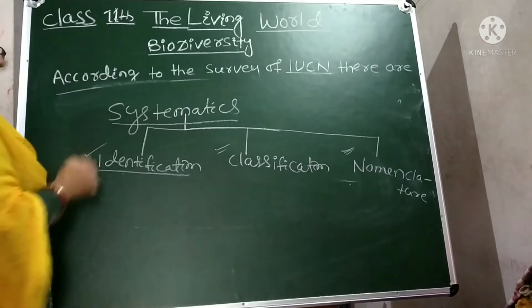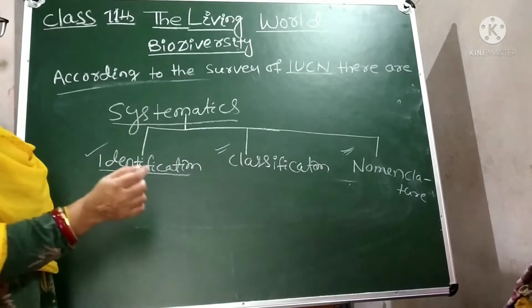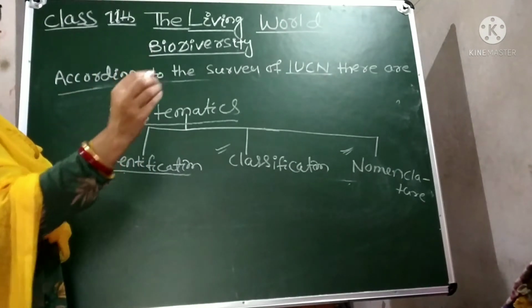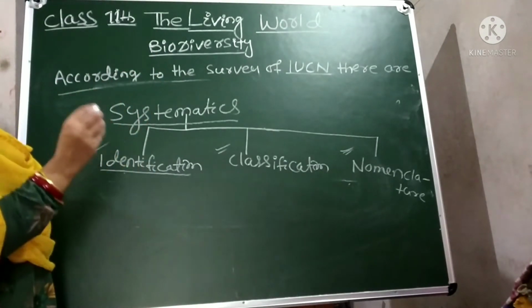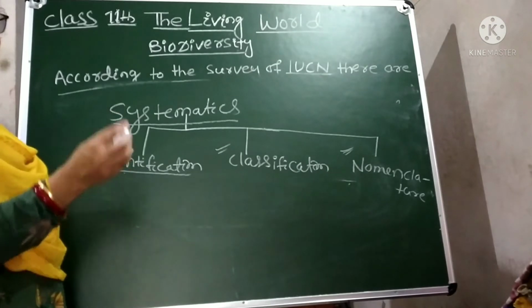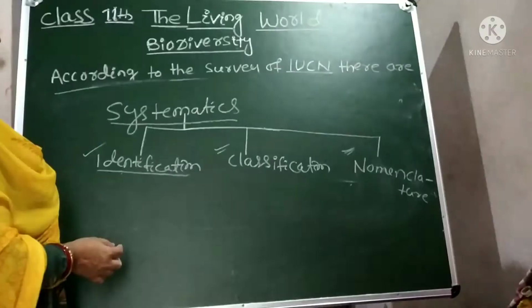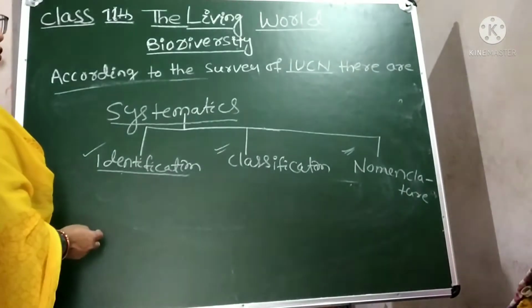So, identification means to identify, to determine the organism by its morphological and anatomical characteristics. Then what is morphological?